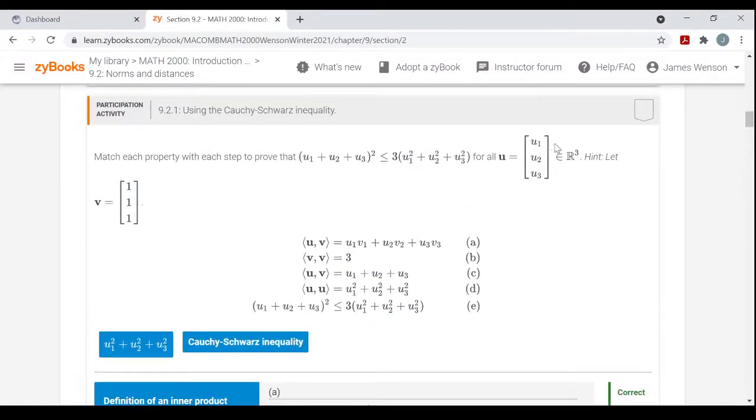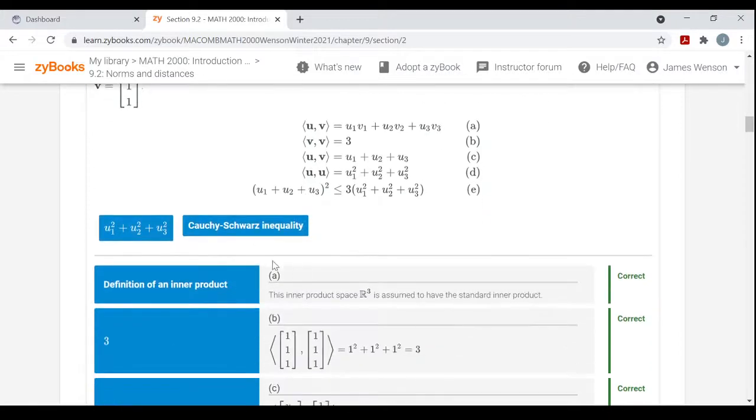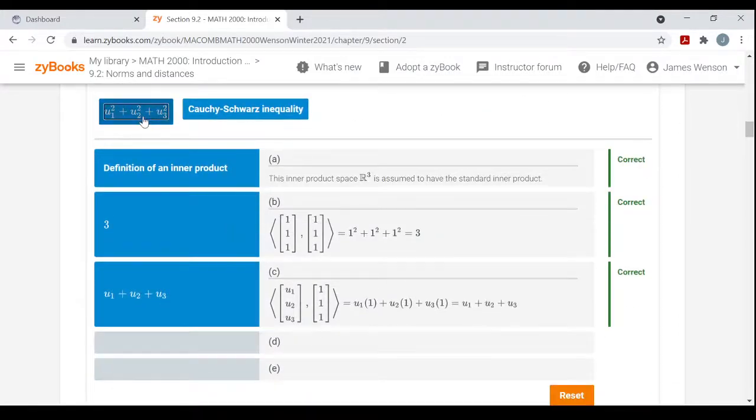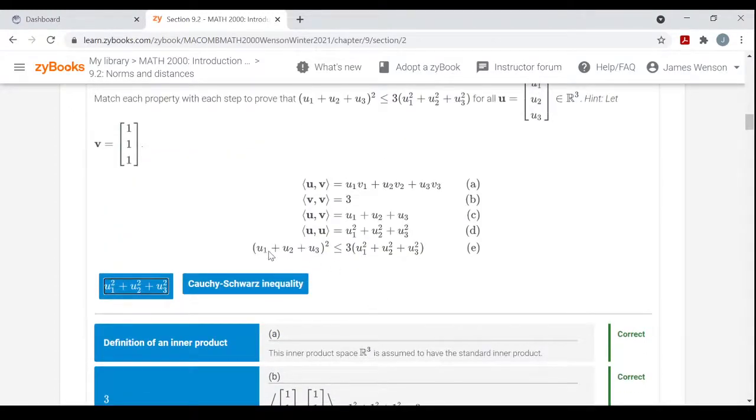And again, if u is defined to be this u1, u2, u3 vector, the way the inner product is defined, the inner product of u with itself would be u1 squared plus u2 squared plus u3 squared. So that's for part D. Whatever, it goes there.